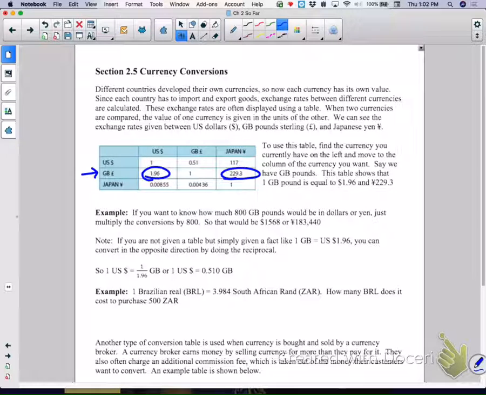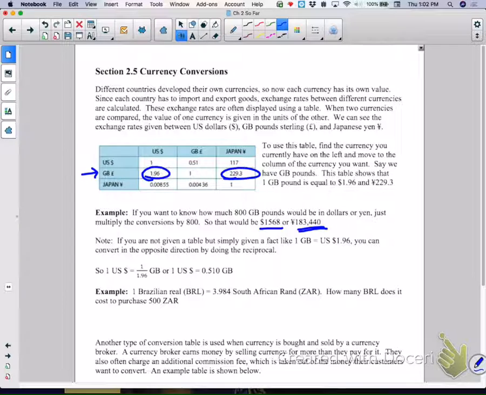If we wanted to know how much 800 Great Britain pounds would be, we just multiply those conversions times 800. So 800 times $1.96, I get 1568, and with the yen, I would get 183,440.